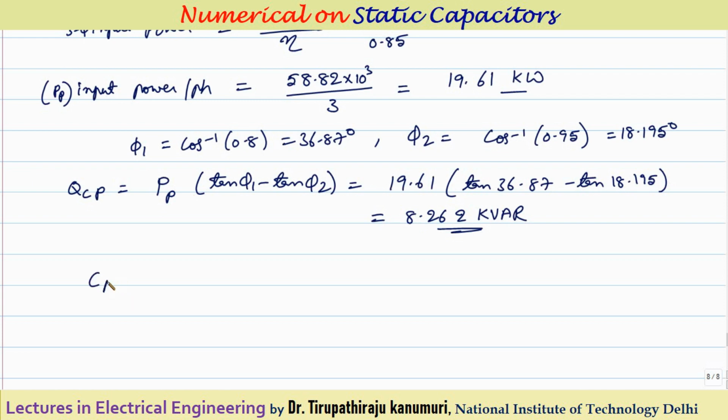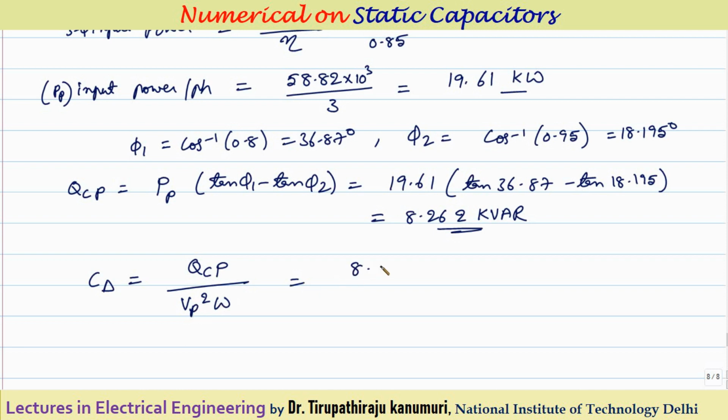So let us calculate the value of the capacitance required per phase, for each phase of the delta connection. So this will be simple formula QCP divided by V phase square into omega. So for the case of delta circuit, we know that Vp is nothing but equal to VL.